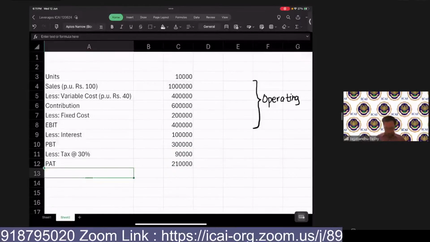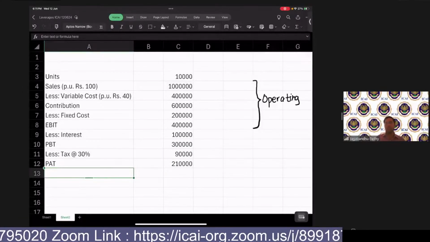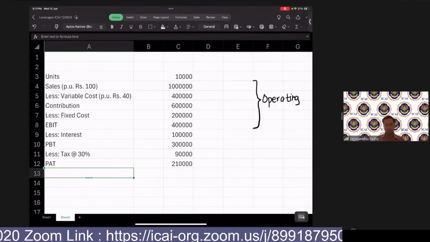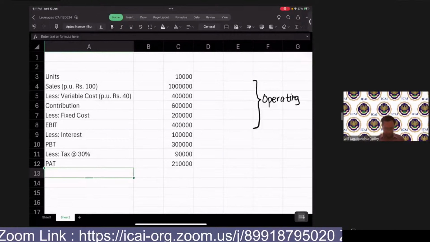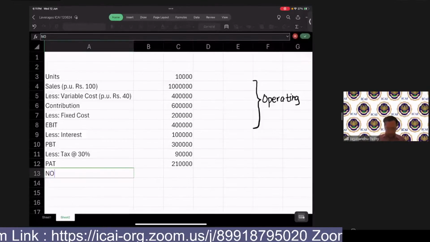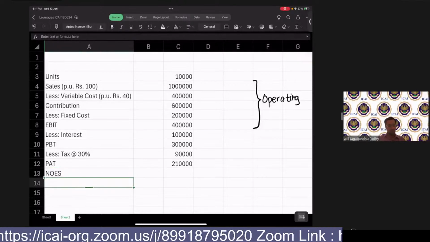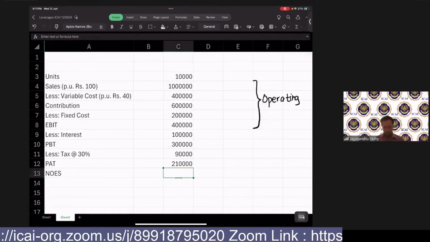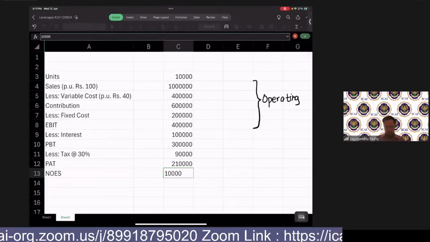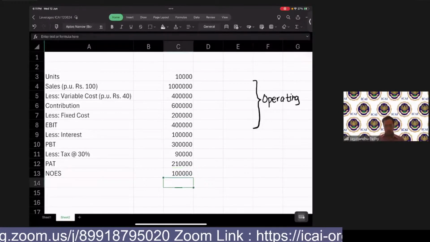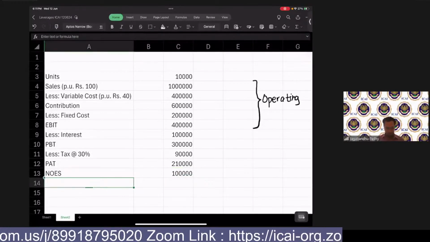And then if I want to know what is the earnings for each of my shareholders, I need to divide it by the number of equity shares that we have. For example, we have 1 lakh equity shares outstanding.